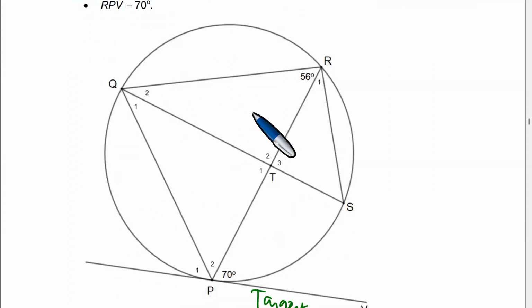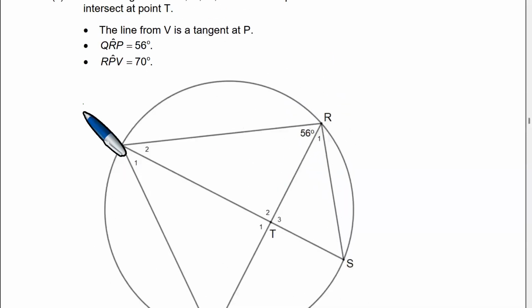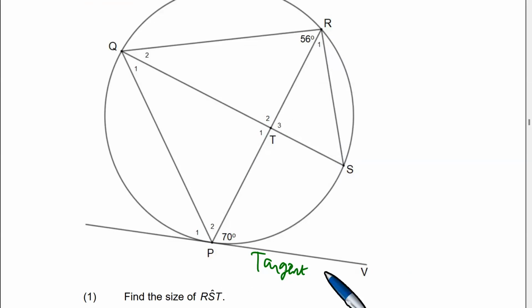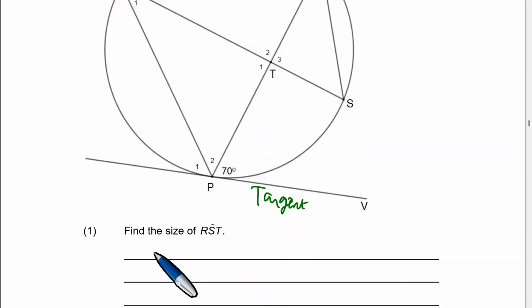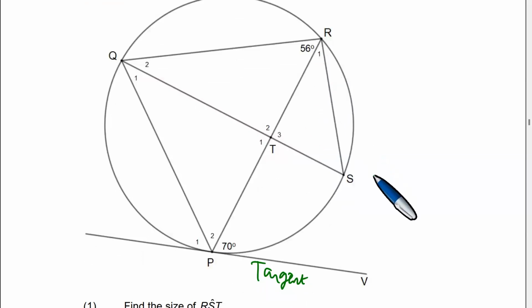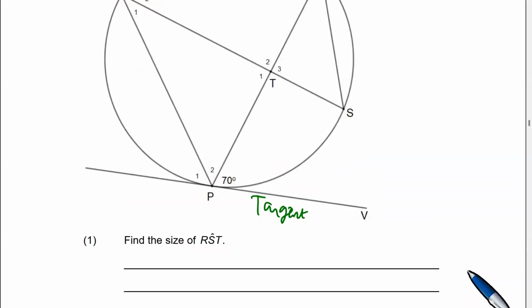QRP is 56. RPV is 70. Find the size of RST. RST, just this angle there. I'm sure that is very easy for just 5 marks.